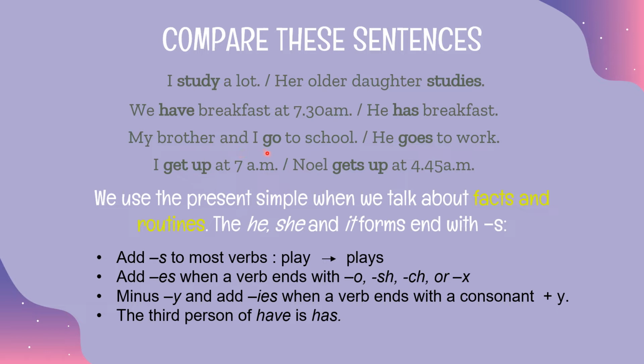My brother and I go. In singular form, it becomes goes. Minus y and add ies when a verb ends with a consonant plus y. Example is sentence 1. Study. If it's in singular form, it becomes studies. The third person of have is has. Like we have here in sentence 2. We have breakfast at 7:30 a.m. He has breakfast.